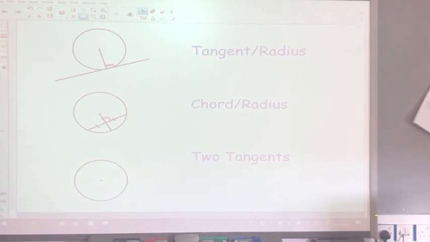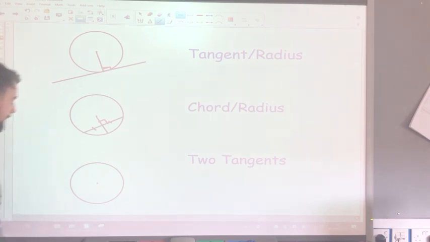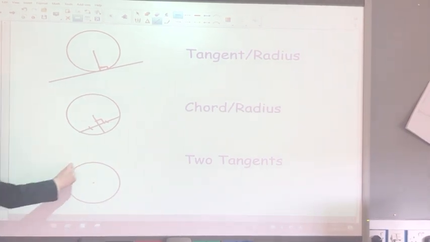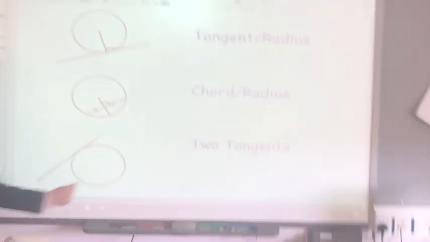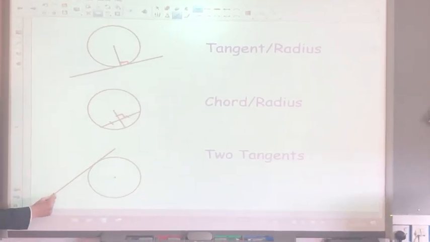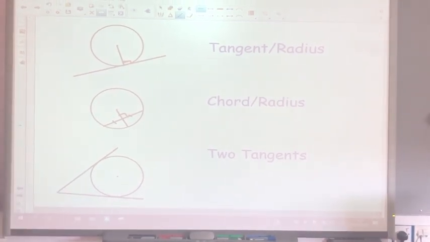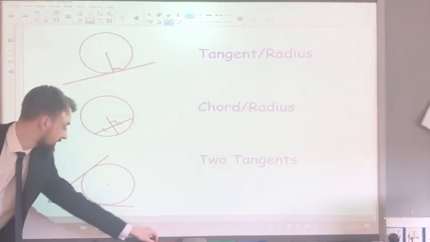Okay, we're going to call the third one 2 tangents. I'm going to start from out here. I'm going to draw a tangent to the top part of the circle, and I'm going to draw a tangent from the same point to just touching the bottom part of the circle there. I'm going to label these points.